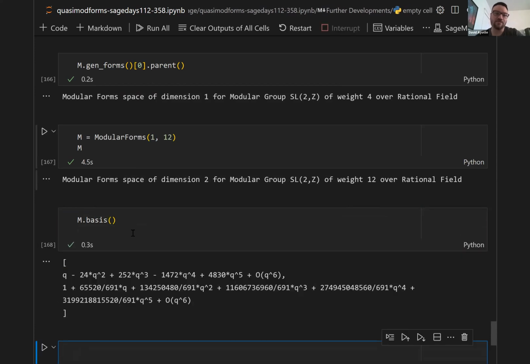A modular form for this space will be represented by a vector where each coordinate is represented on the basis of this vector. What I want to say is that we know the q expansion. We just compute it when you ask for the representation, but you don't necessarily store the q expansion.